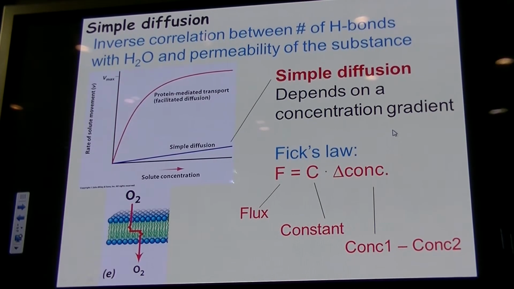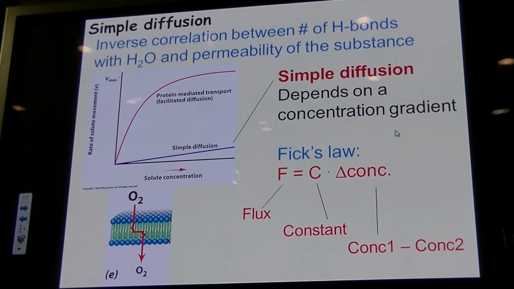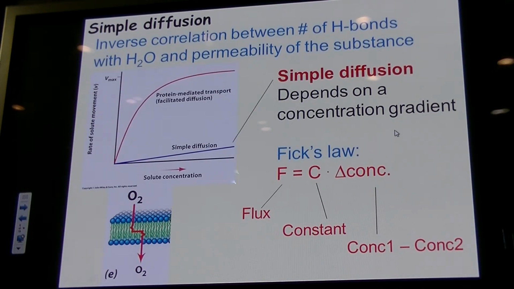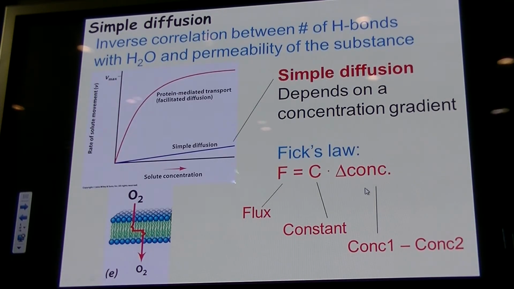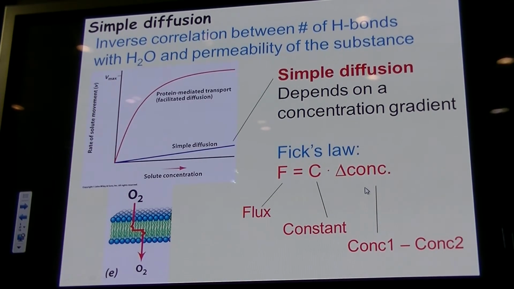Now, if we study diffusion in detail, we see that what really matters is the ratio of concentrations on the two sides of the membrane. So it's the concentration difference. So the rate of diffusion or the flux is really proportional to a constant and the concentration difference. So the bigger the concentration difference, the faster things diffuse.